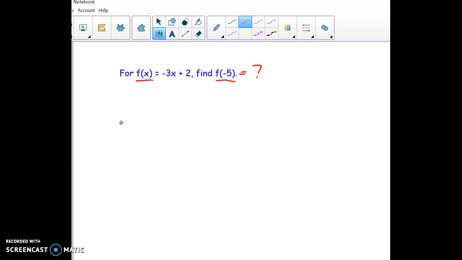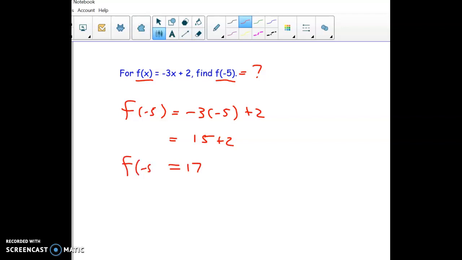What is your output? So we're going to say f of -5, and we're just going to put -5 in for x. That's going to be 15 plus 2, 17. So we say the f function, when we input -5, gives an output of 17.